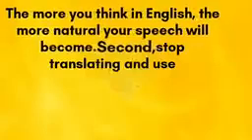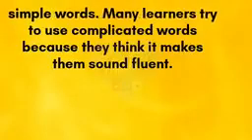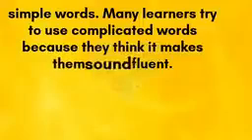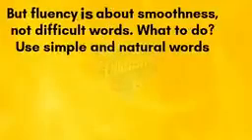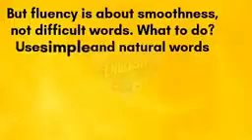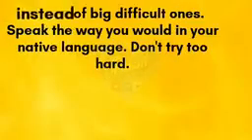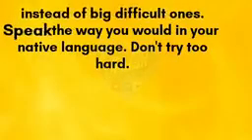Second, stop translating and use simple words. Many learners try to use complicated words because they think it makes them sound fluent. But fluency is about smoothness, not difficult words. What to do? Use simple and natural words instead of big, difficult ones.